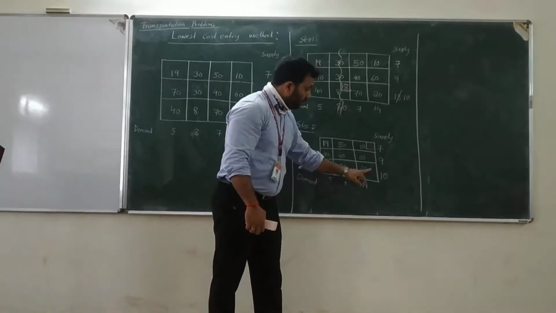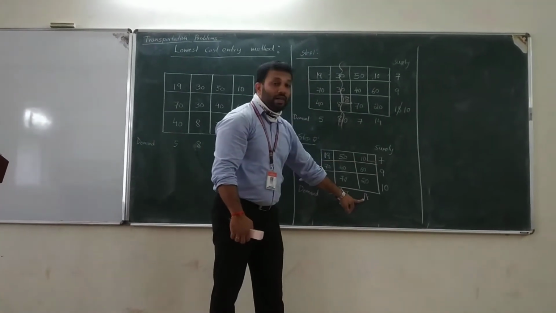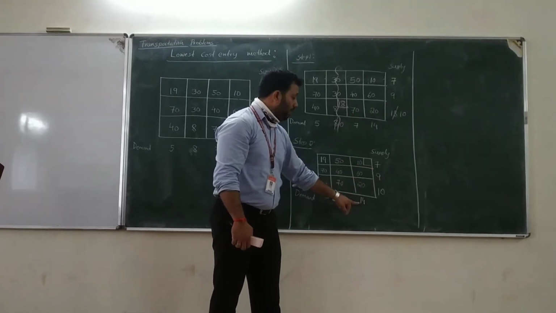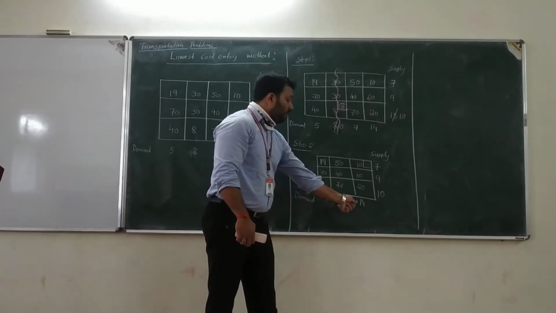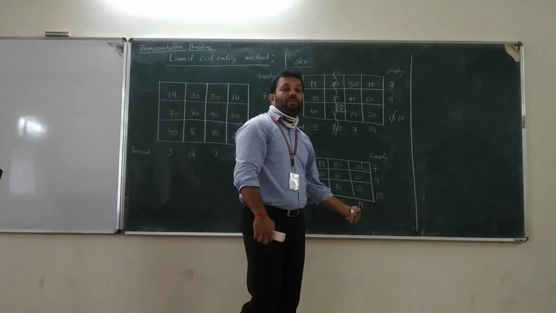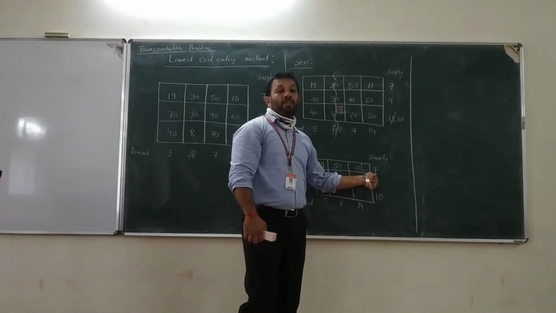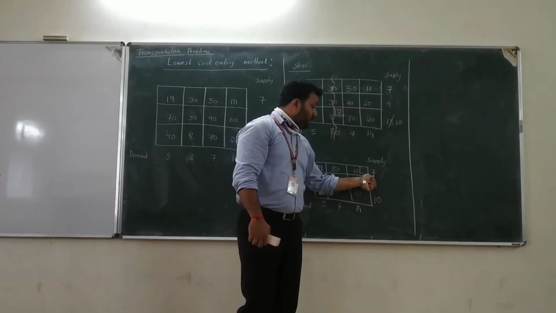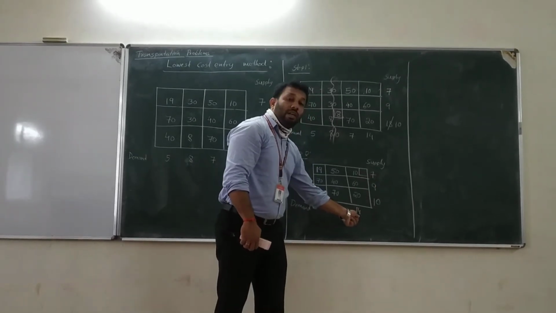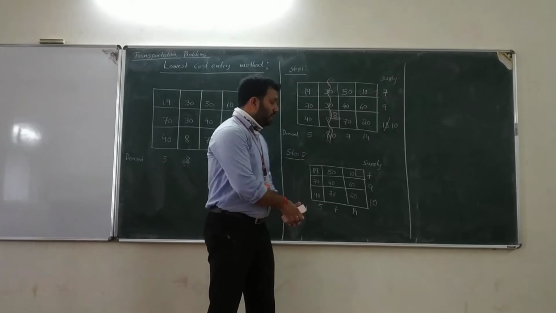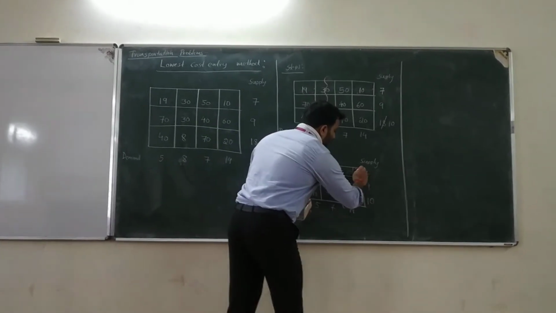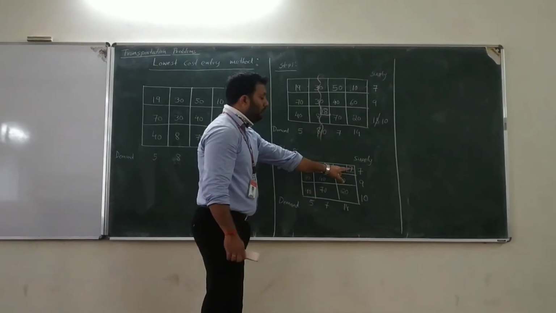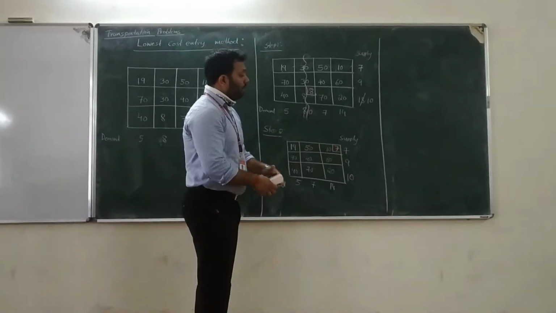Since I have a supply of only 7 units, I can fulfill the demand of 7 units. So I am writing 7 over here, allocating 7 to this particular position.